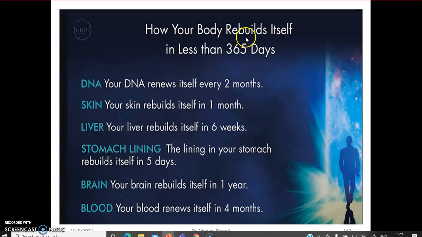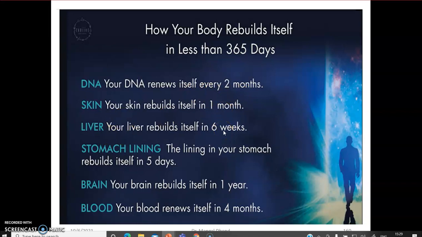Now, how your body renews itself in less than 365 days. Just imagine what I am telling you. How many changes are happening in the body? Your DNA renews itself every 2 months. Skin in 1 month. Imagine.